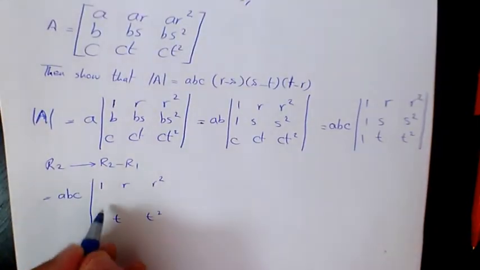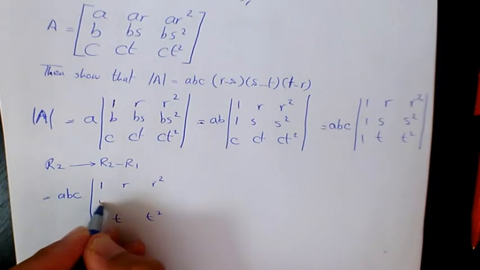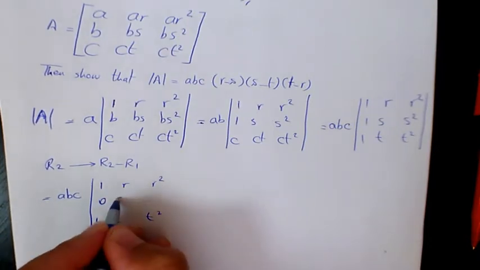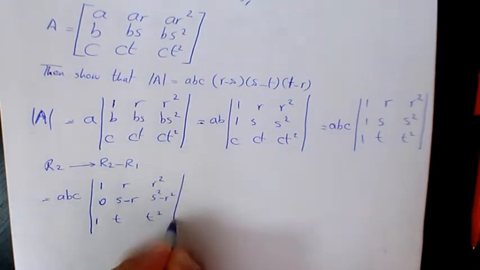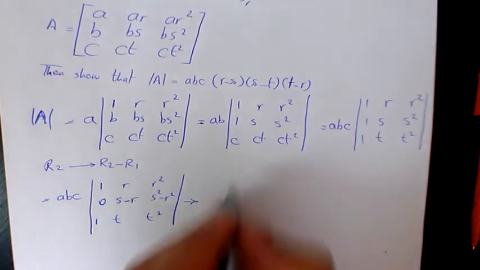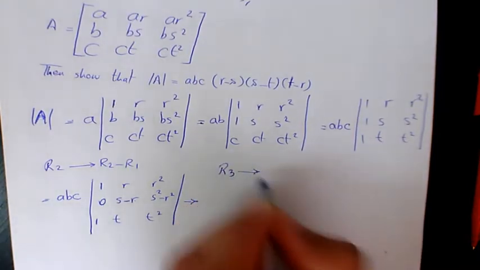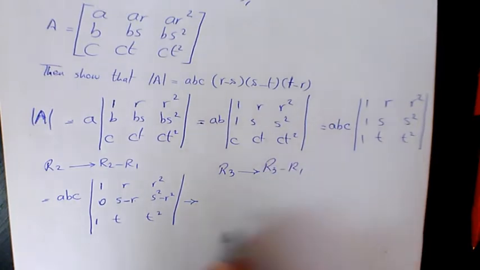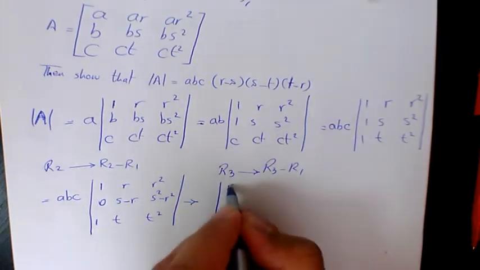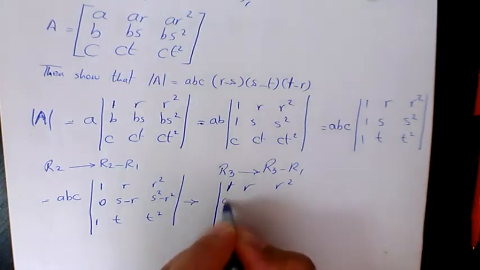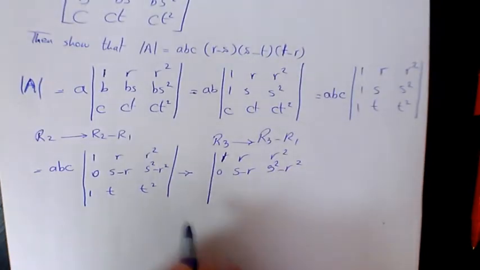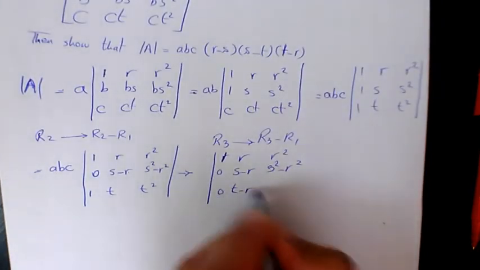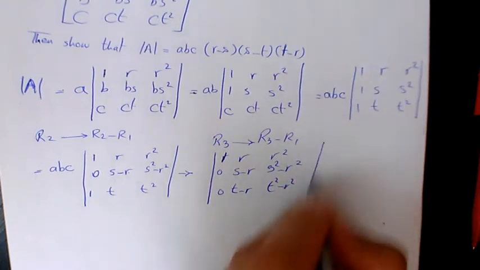However, R2 is going to be 1 minus 1, that's 0, S minus R, and S squared minus R squared. And then we need to do the same thing with the third row, R3 minus R1. So it's going to be 1 R R squared, 0 S minus R S squared minus R squared, and here we're going to have 0 T minus R, T squared minus R squared.